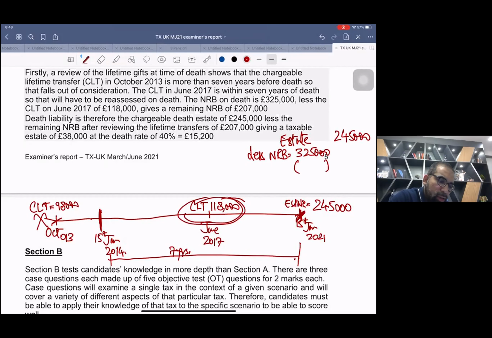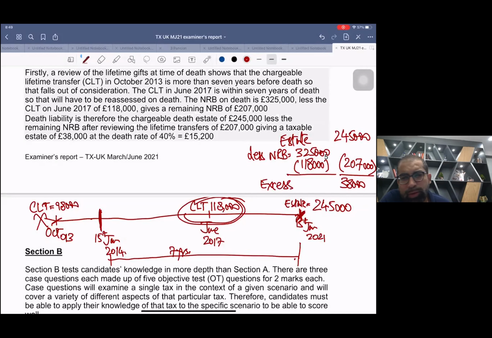So the 118,000 must have consumed your NRB. 325 less 118 is 207. 245 less 207 is 38,000. So the excess is 38,000.